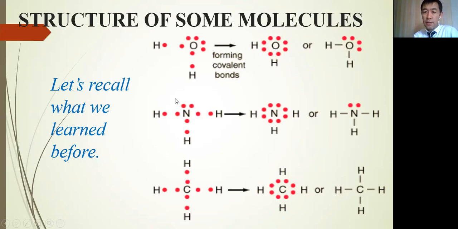In the case of nitrogen, it has 5 electrons in its outer shell, and it needs 3 electrons to reach 8, the stable state. Remember, hydrogen has only 1 electron, so nitrogen needs 3 hydrogens to reach its stable state.